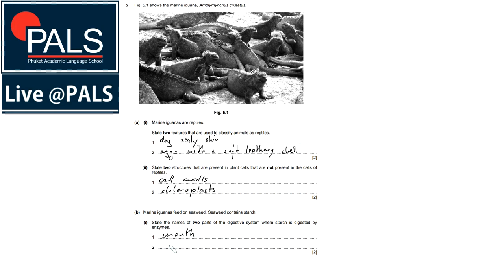And the other part of the digestive system is the duodenum. This is where the pancreatic juice enters the small intestine, and it contains pancreatic amylase. Again, amylase breaks down starch. It's part of the small intestine. It's probably enough to write small intestine.